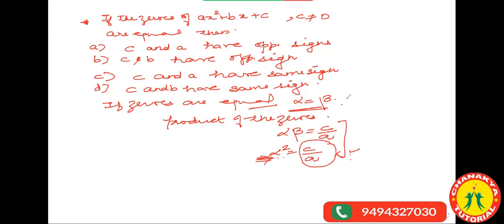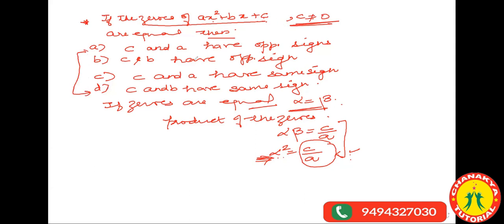See, beta, in this question you have asked that if the zeros of ax square plus bx plus c are equal, where c is non-zero, right? So c must be negative or positive. It will depend on the question. Then, what is the correct option out of these four?